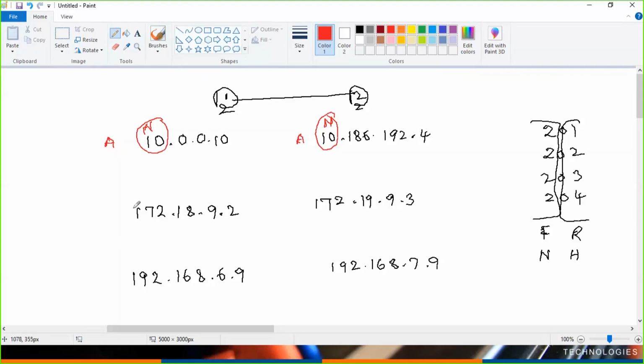Next example. It's a Class B. For Class B, what is the first octet? Network. So it's the 172, 18th floor. The other is the 19th floor. So it means it is the 18th network.